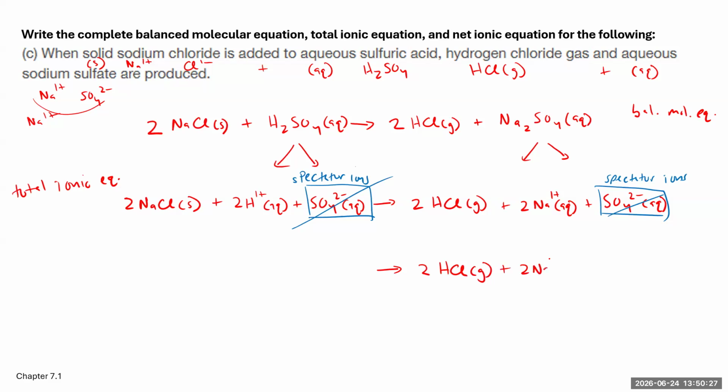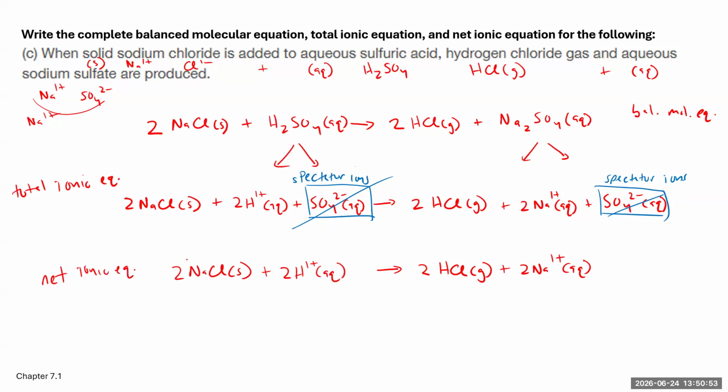Plus 2Na1 plus aqueous. This is 2NaCl, 2H1 plus aqueous. All right. Well, that is our balanced or net ionic equation.